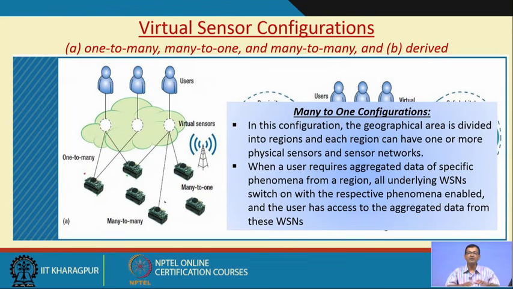So, here we have a large geographical space divided into regions, and each has a separate wireless sensor network, and if some aggregated processing is required, then these are switched on and give an aggregated view. So, it is a scenario of many to one.